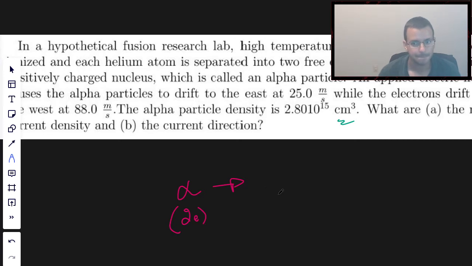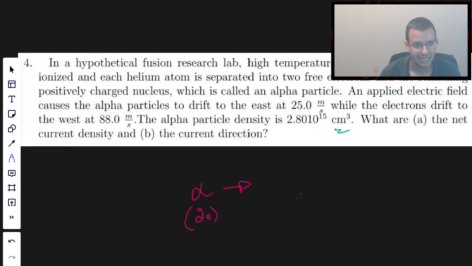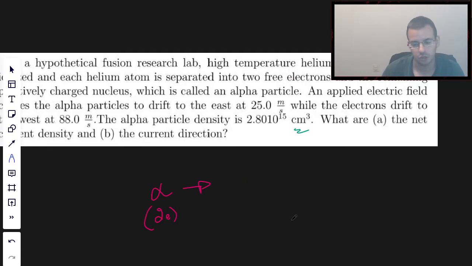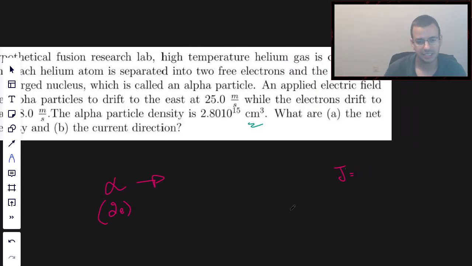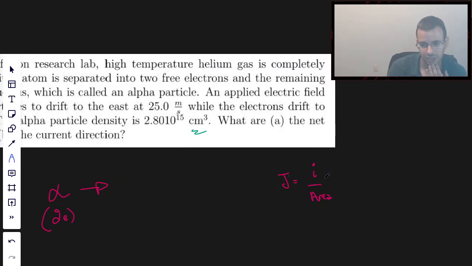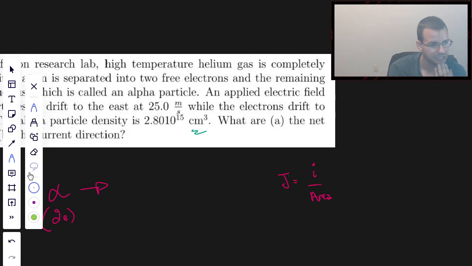Okay, so we want to find the net current density. Current density uses the symbol J, and what that means is it is a current, that is I, over an area. And so what I'm going to look at now is current.